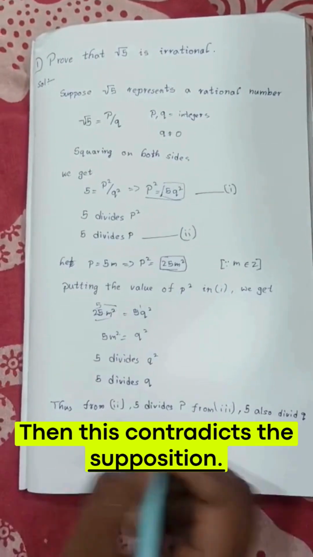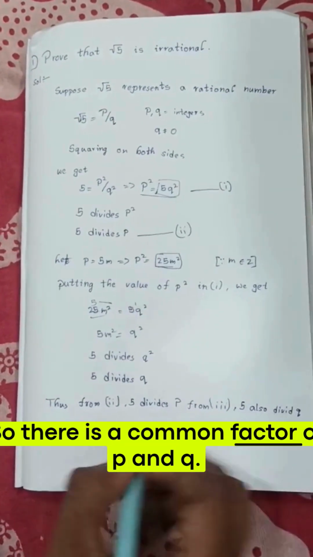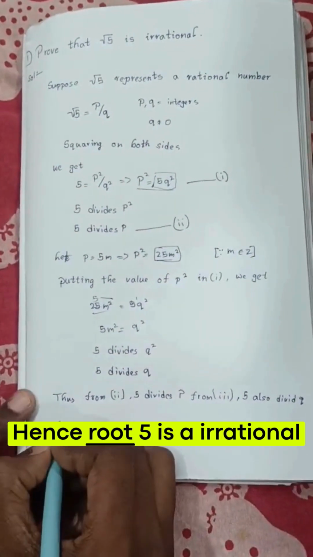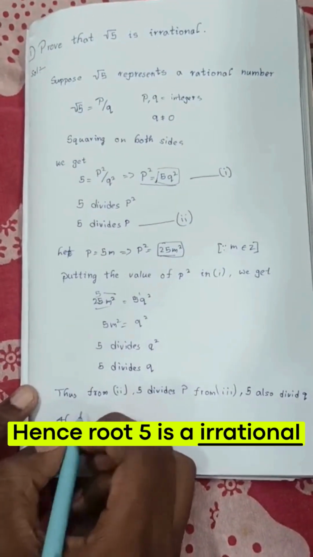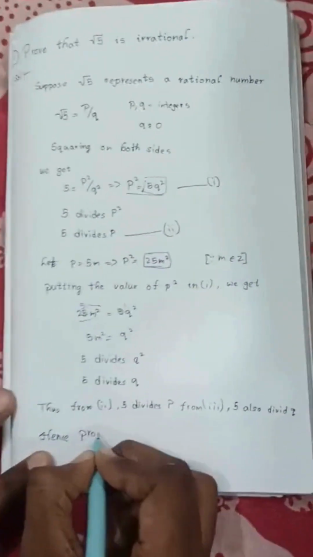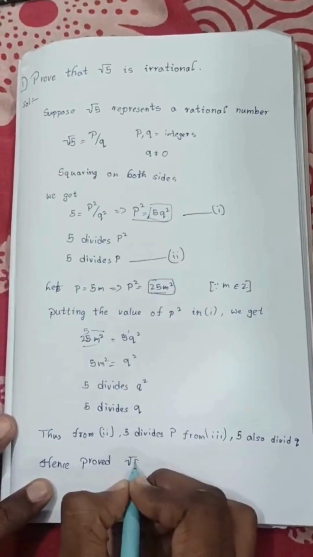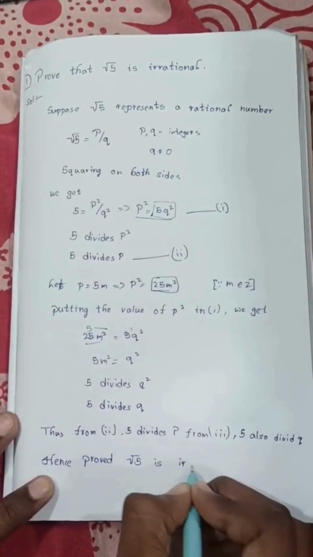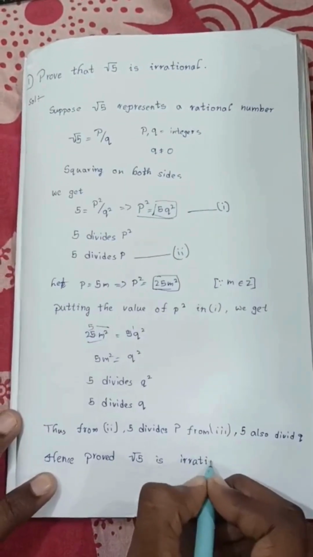It means 5 is a common factor of p and q. This contradicts the supposition that p and q have no common factor. Hence, we prove root 5 is an irrational number.